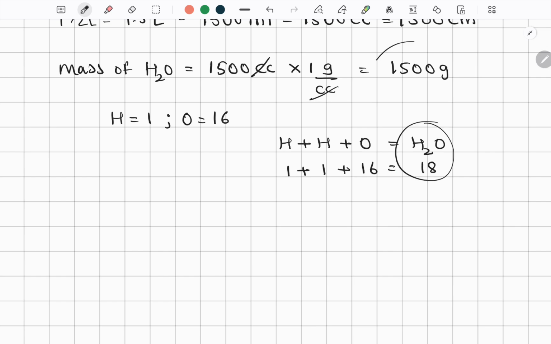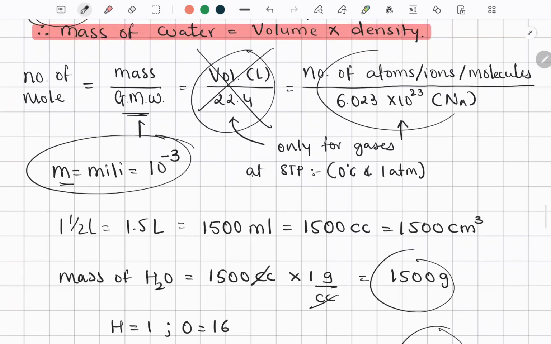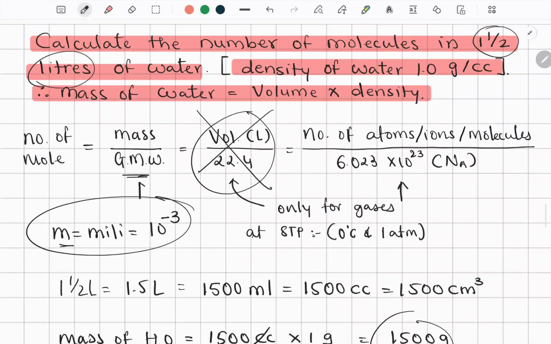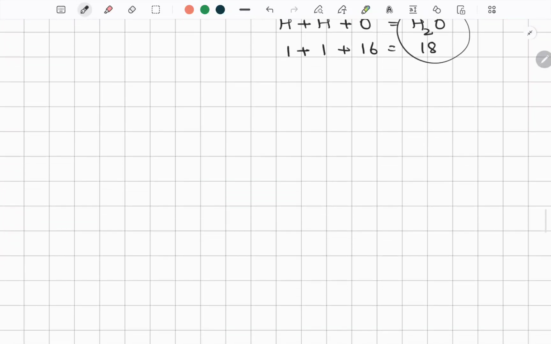We have the mass, we have the gram molecular mass, and we know the number of molecules formula, where the denominator is the Avogadro number. So can we get the number of molecules in 1.5 liters of water? Yes, it's very simple.